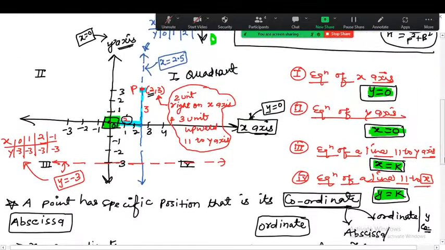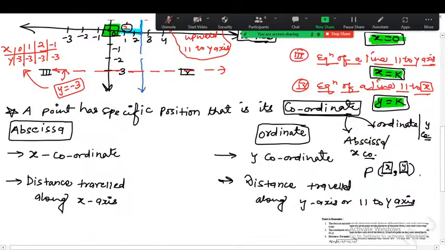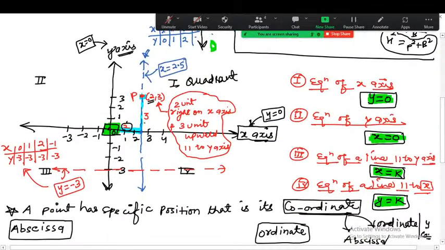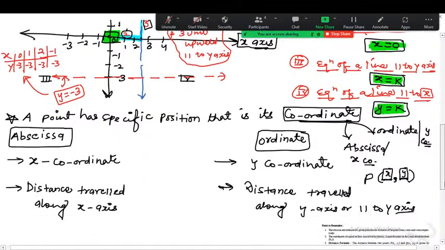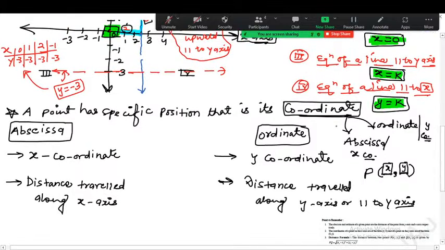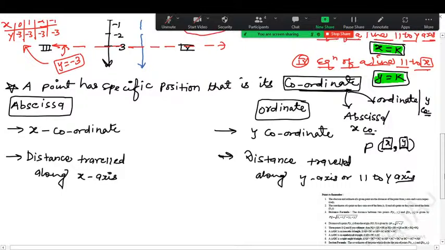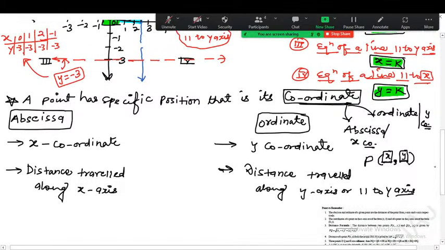Here as well you may consider parallel to x-axis. Here you have moved a distance of 3 units from this point parallel to y-axis. That is why the y-coordinate is 3 over here. And in this way we specify coordinates using abscissa and ordinate. Got this? Is it clear now what is abscissa?